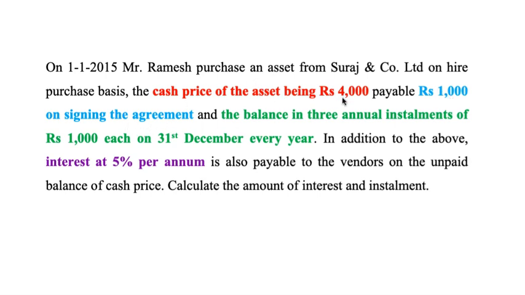So the cash price of the asset is 4,000 and 1,000 is paid in advance, and the balance in 3 annual installments of rupees 1,000 each on 31st December every year.